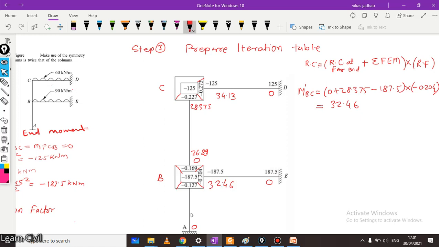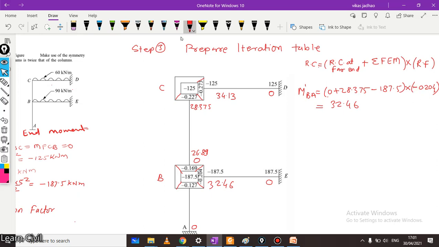Now next for BA. The rotation contribution for BA will be rotation contribution at far end, that is 0 plus 0, plus this 28.375, plus the fixed end moment minus 187.5.